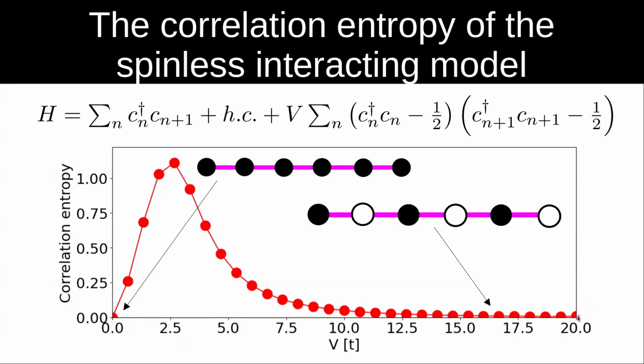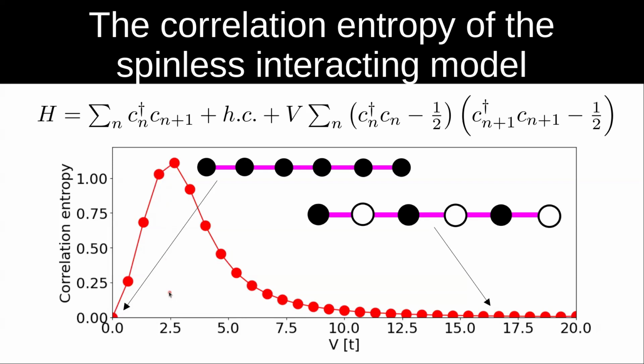For the case of very large interaction, we also know that the ground state is a product state because it's this state that has one electron here and no electron there. And of course, this can be written in a mean field fashion. And then in the middle, you see that the correlation entropy peaks. So what this is actually telling you is that the ground state of this system is strongly correlated around V equal to 2.